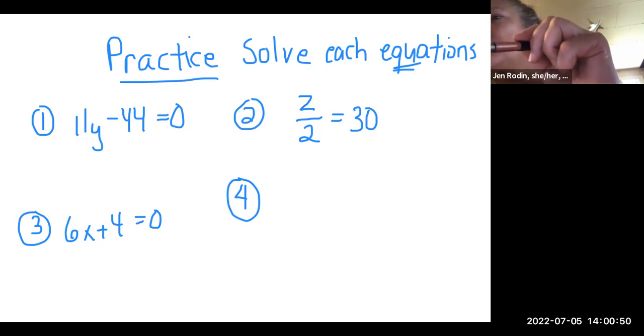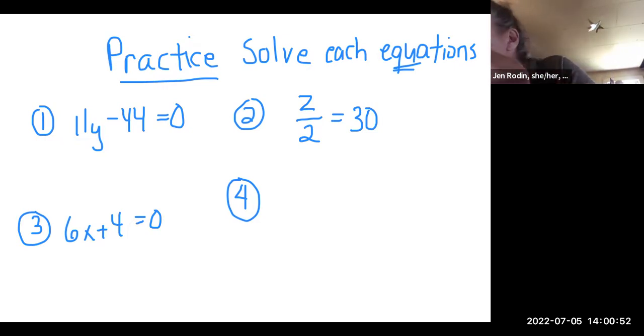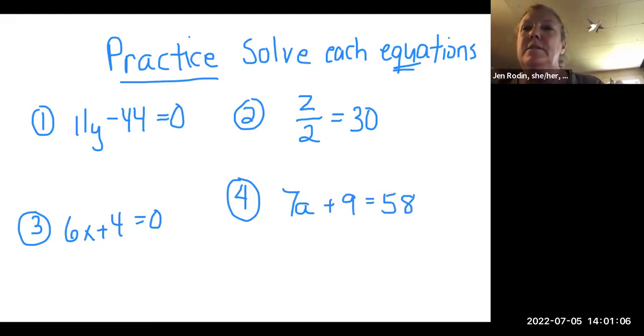Let's do another one that's a little more exciting: 7a plus 9 equals 58. There. So that's a two-step, a one-step, a two-step, and a two-step. These are pretty gentle ones.